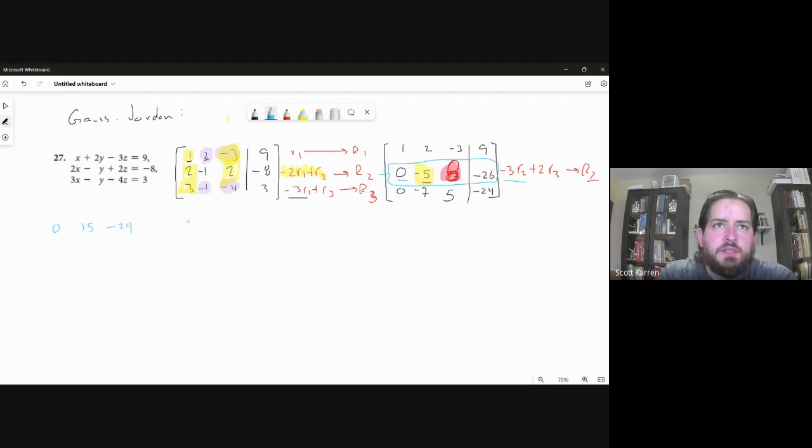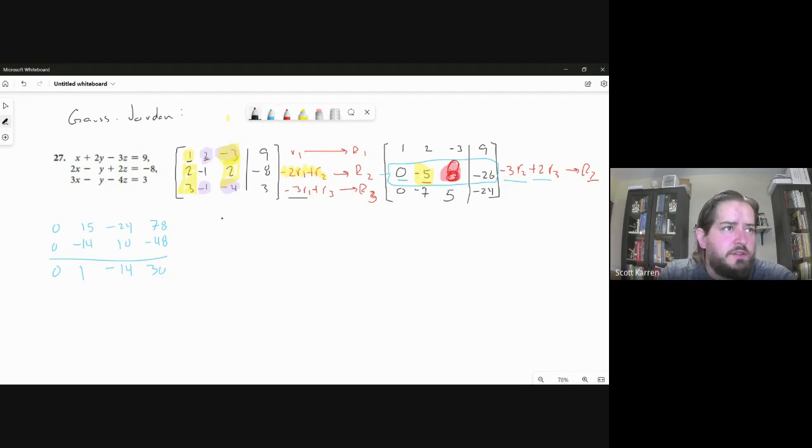And then negative 3 times 26 is 78. And then 2 row 3s is 0, negative 14, 10, and negative 48. So that is 0, 1, negative 14, and then 30. And that's my new row 2.